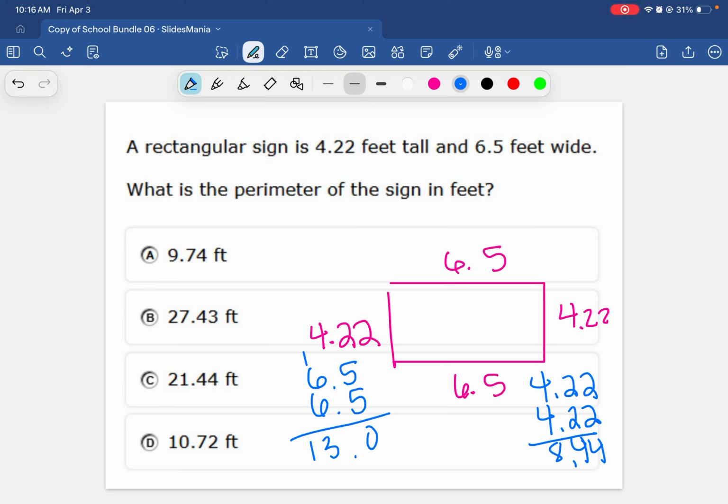And so now I end up with 8 and 4400ths. So I want to add that to, sorry, I'm all over the place here. And so we add this up, keeping your decimals lined up, end up with 2144, which is equal to C.